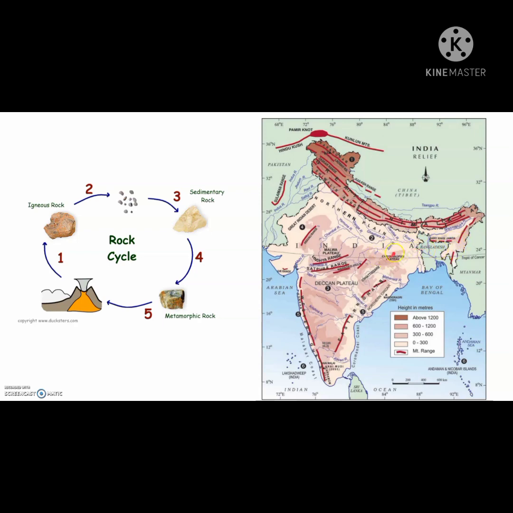All these are in the central part of India. South of the northern plains, we have the location of the Malwa Plateau and the Central Highlands. With the Western Ghats on the west and Eastern Ghats on the east, we have the Deccan Plateau region.